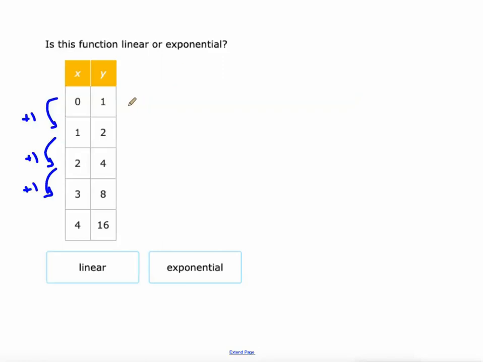What we really need to notice is that this is multiplied by 2, this is multiplied by 2, and 4 times 2 is 8. So that's what you'll notice when they're exponential. But if you're just trying to fly through an IXL lesson, if it's constant addition or subtraction, it's linear. If it's not, it's not.